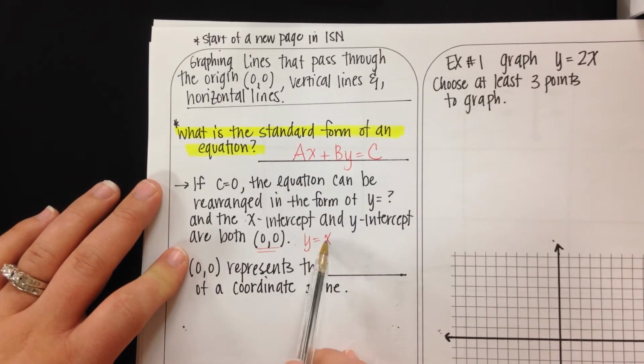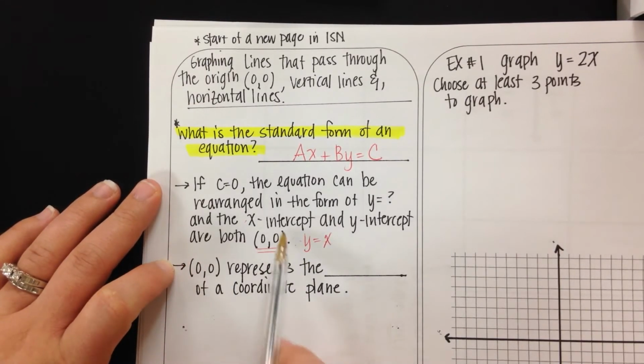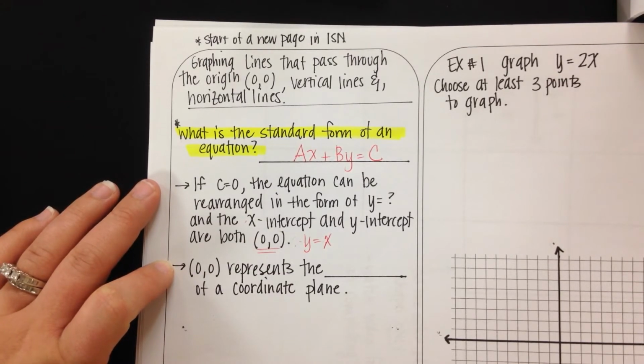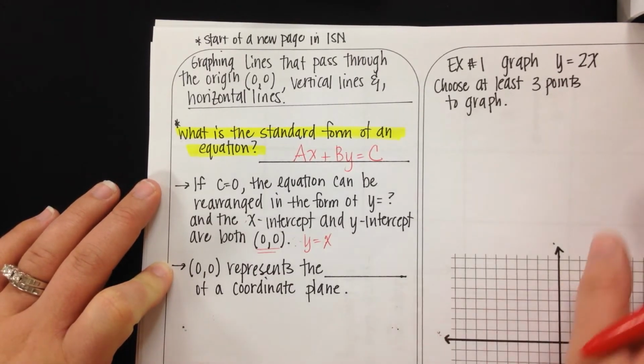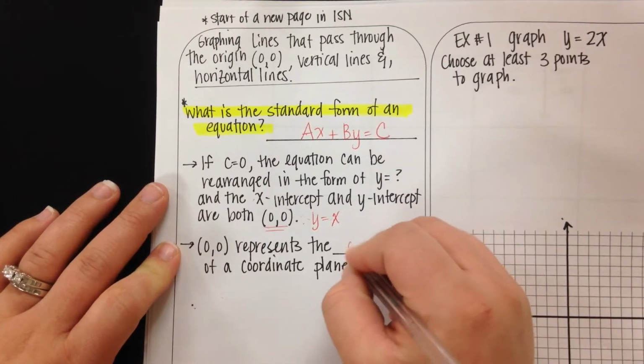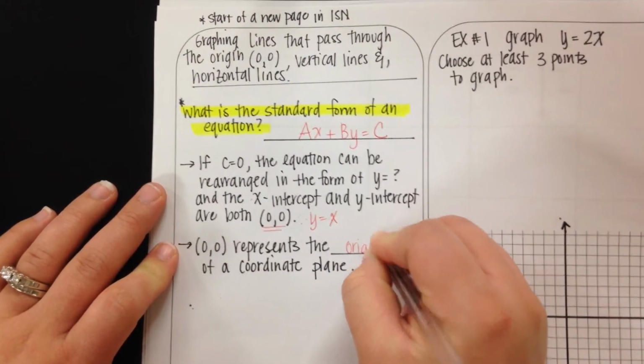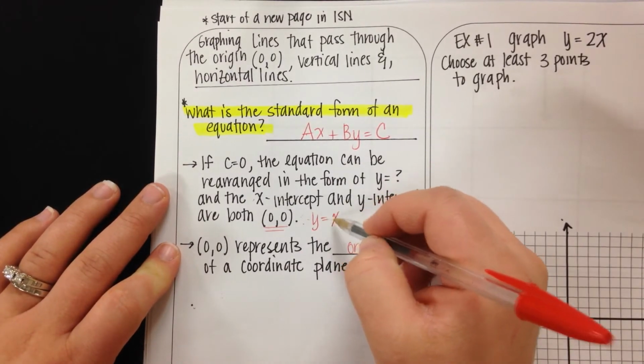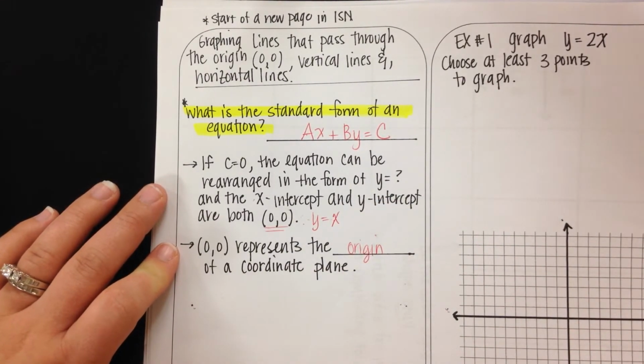Now you can have numerical values in front of those, that's fine. Your graph will go through the origin, 0, 0. Those are your x and y intercepts, okay? So 0, 0 represents the origin of a coordinate plane. Now remember, you can have a number in front of those, it's fine.